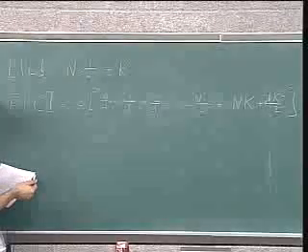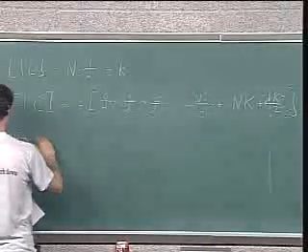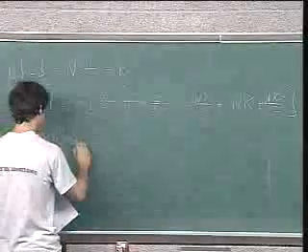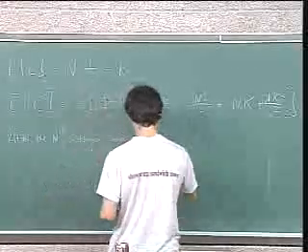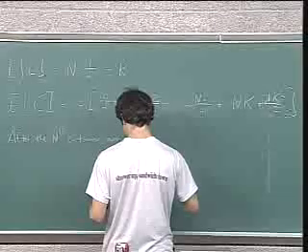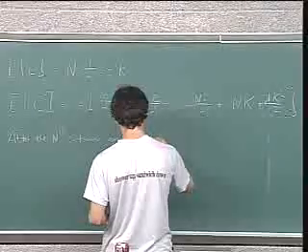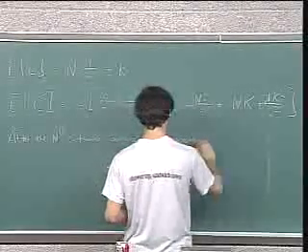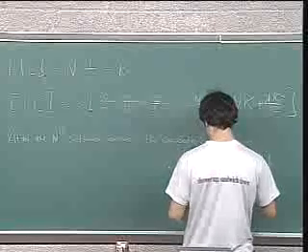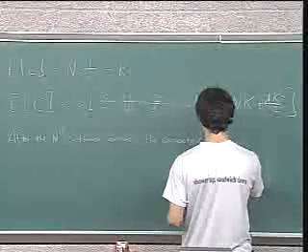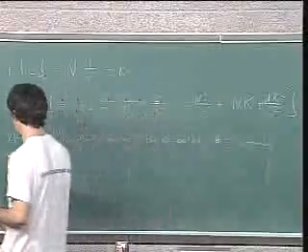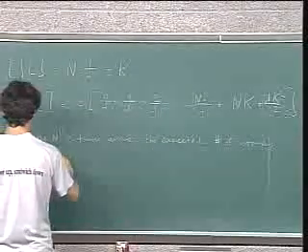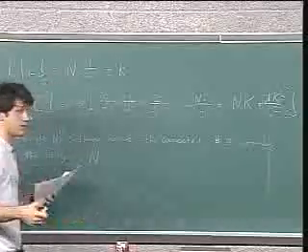Well, okay, so after the train arrives, the expected number of customers at the station is, of course, n, because we know that we at least have n.